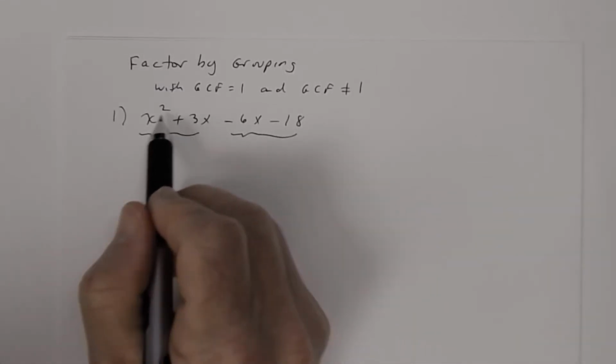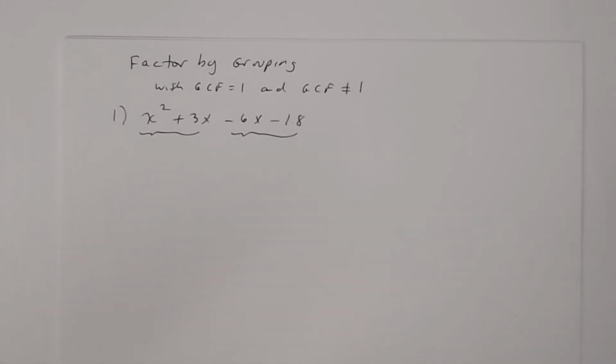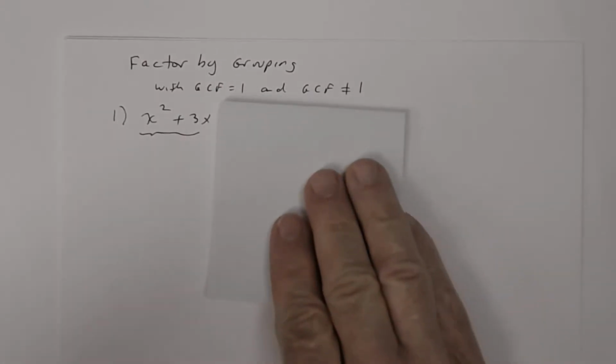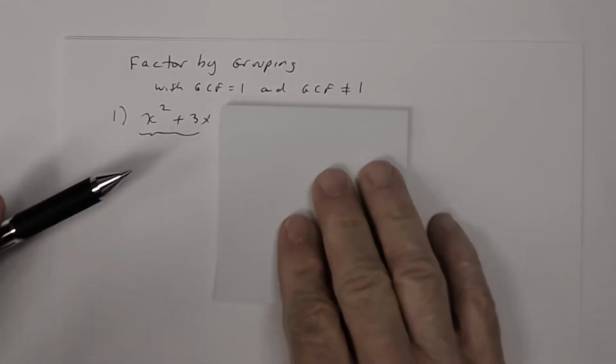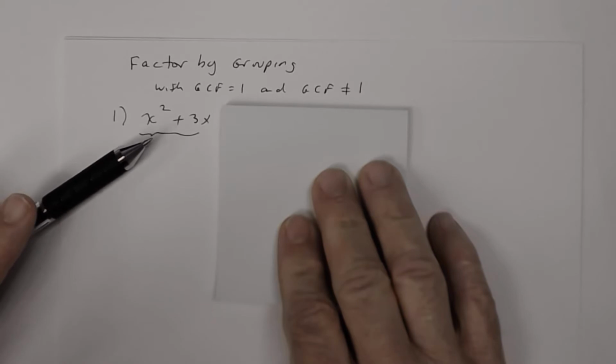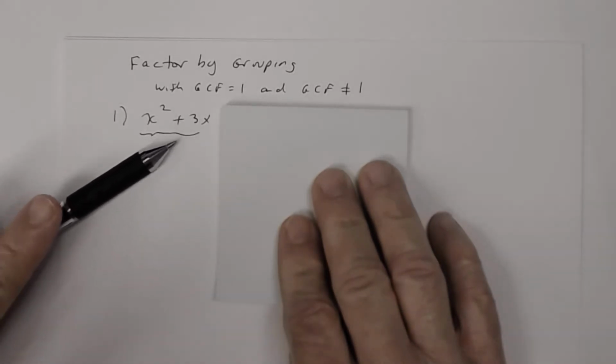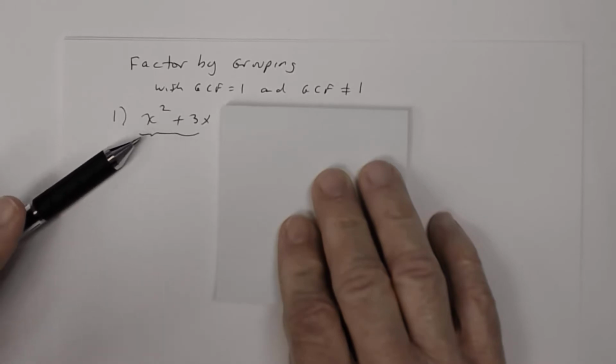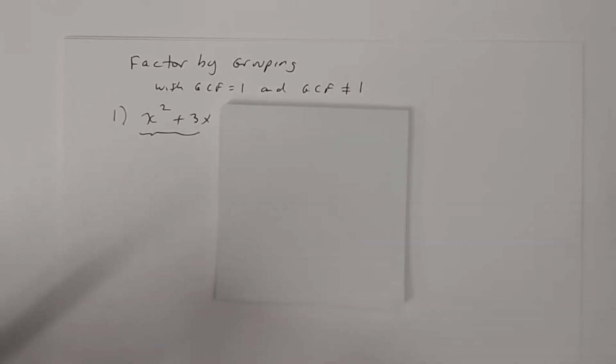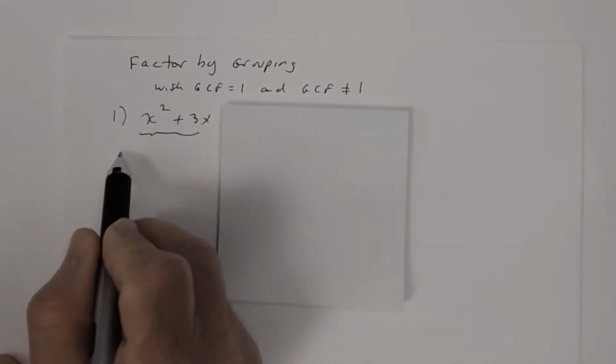Now when you look at the first group, forget about the other part for right now. What is the GCF of the first 2 terms? The GCF is x. So I can factor out an x from the first group.